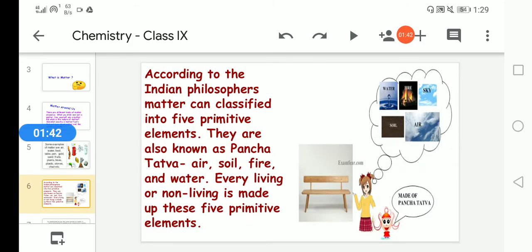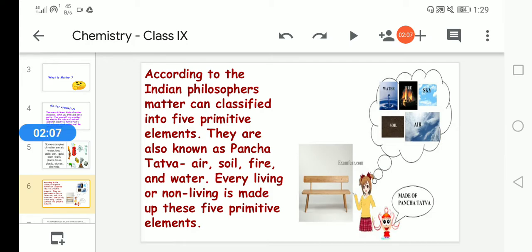According to the ancient Indian philosophers, matter can be classified into five primitive elements. They are also known as Panchatattva, which consist of five basic elements: air, soil, fire, and water. According to them, every living or non-living thing is made up of these five primitive elements.